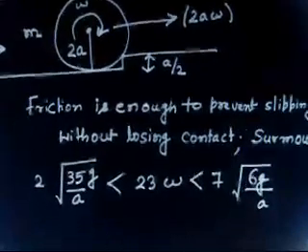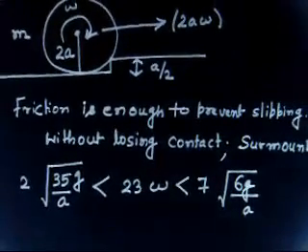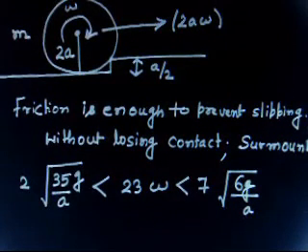So this is the required condition so that it can surmount the step without losing contact. So there are two conditions we have. This system remains in pure rolling before the jump and after the jump, and also it does not lose the contact at any point of time.